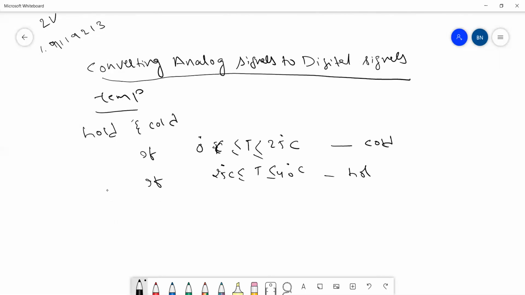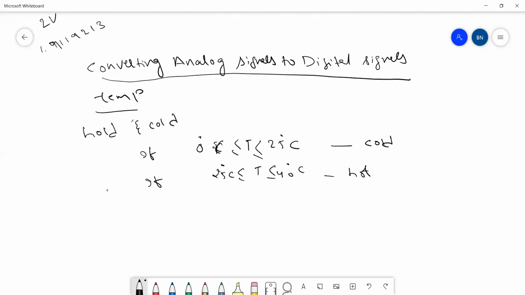As the thermometer has only two readings, hot and cold, I am taking only two quantization levels. These two quantization levels can be correlated with the actual temperature.